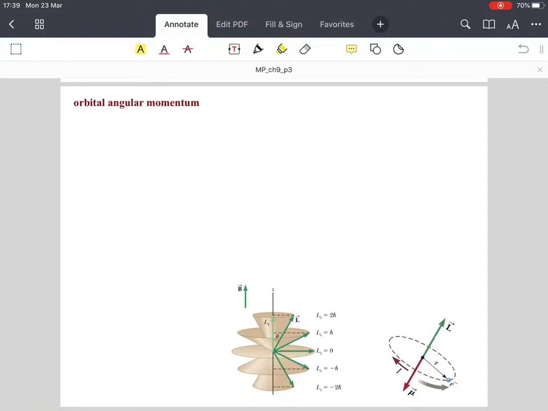Looking at the orbital angular momentum that we saw from the solution for the Schrödinger equation, we can look at the vector components. We saw that the magnitude of L, the angular momentum, was quantized, as is the Z component. So the diagram on the bottom shows the vector for different L values.